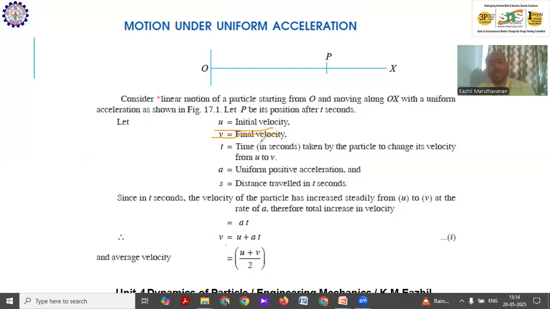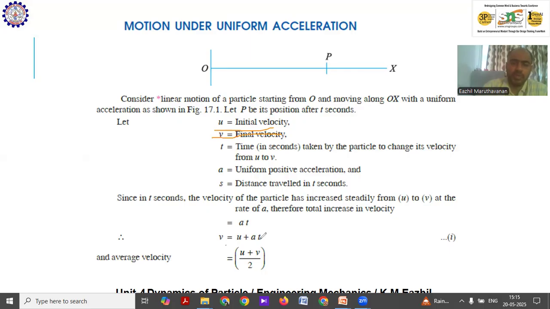Sometimes we ask a question like this: what is the time taken to reach the maximum speed? Then we denote the time with the notation t. Acceleration we notate with a, and s for the distance traveled in a particular time. When it is uniform acceleration, the total increase in velocity is equal to at.